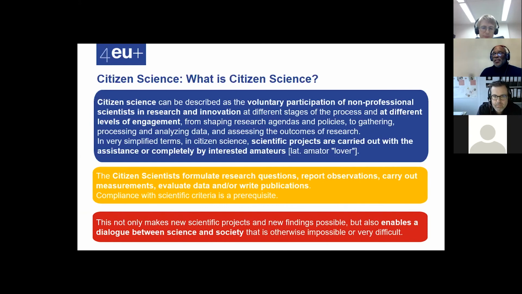Lastly, this not only makes new scientific projects and new findings possible, but also enables a dialogue between science and society that is otherwise impossible or even difficult.